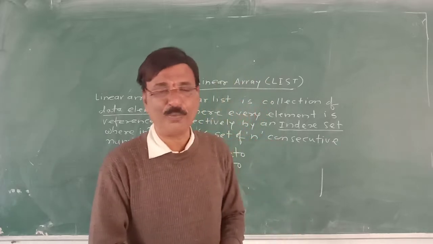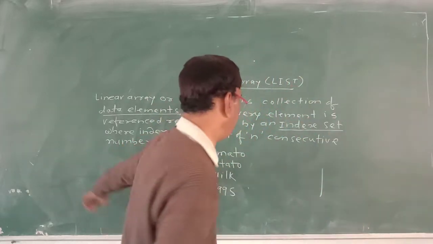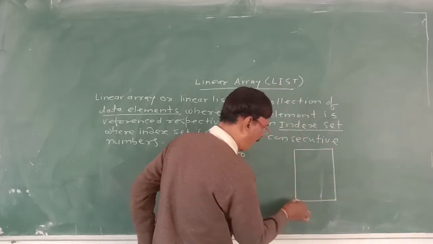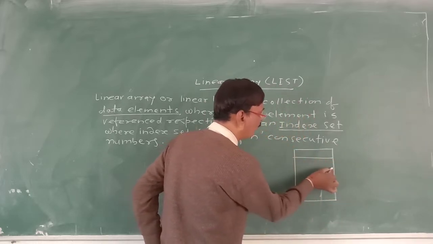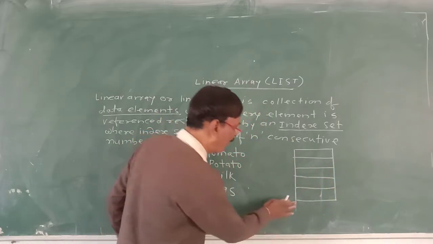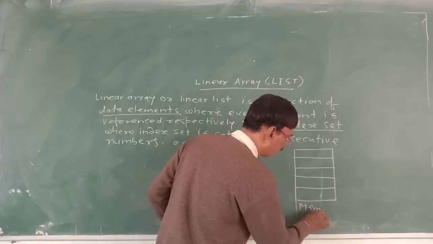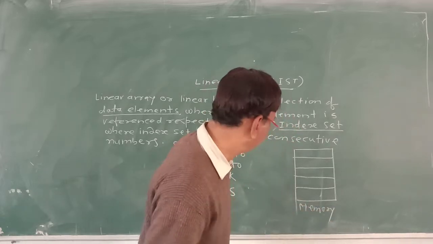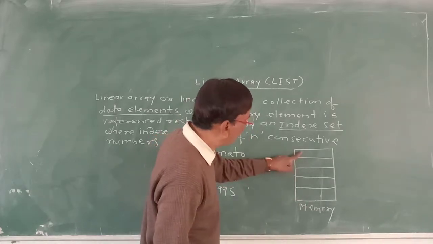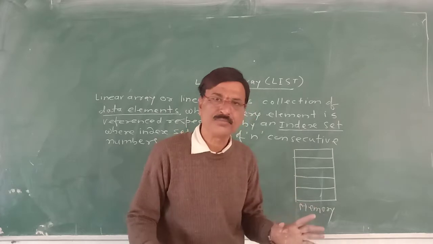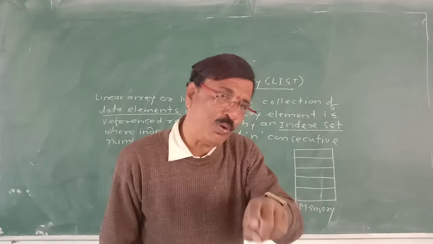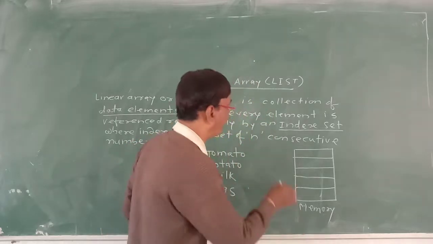To prepare the list in computer's memory, remember how the memory is. Memory is simply a sequence of memory locations, and not only that, every memory location has a number that is called an address.